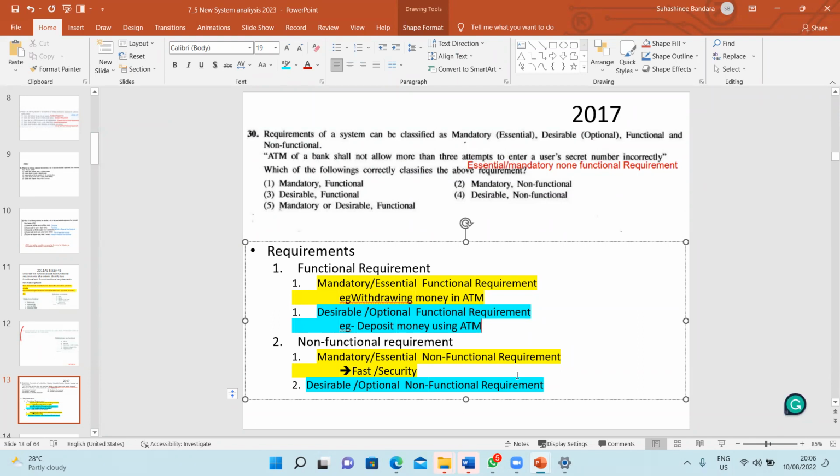The next one, non-functional requirement. Essential, non-functional, that's security with encryption in ATM. Another one, withdraw money fast, withdraw money within 5 seconds.